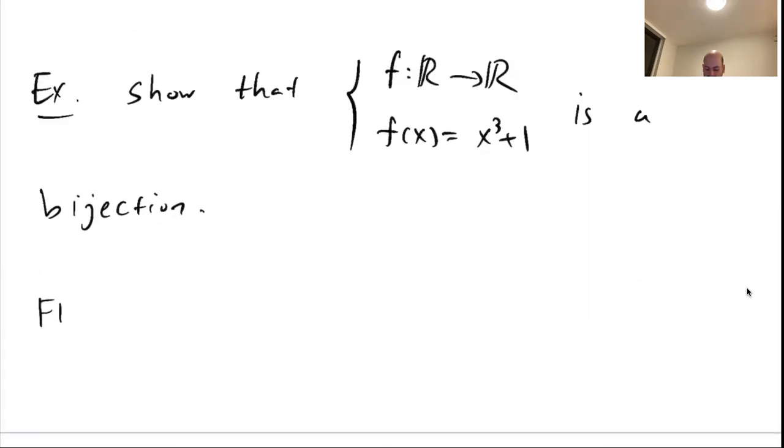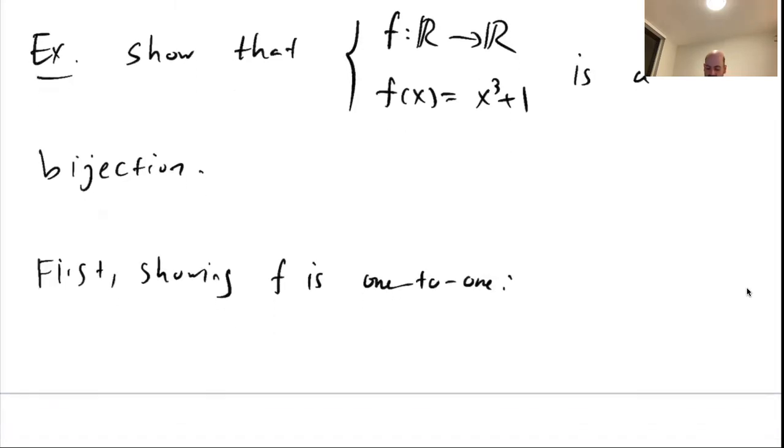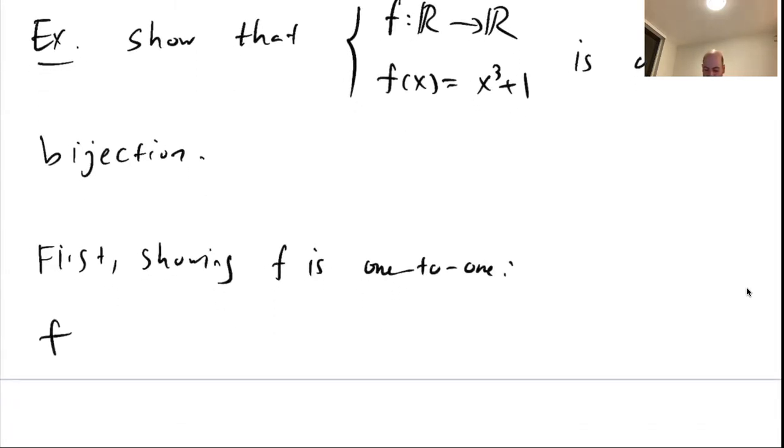So first, showing f is one-to-one. I want to show some statement is true, so I cannot use examples. I have to do the proof in general. In general means I have to start with f of a equals f of b.